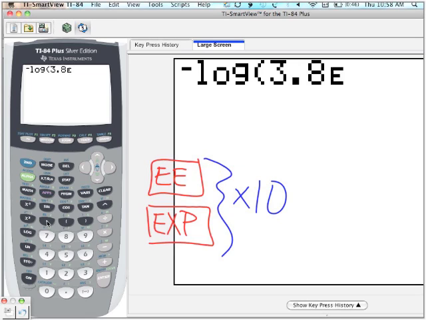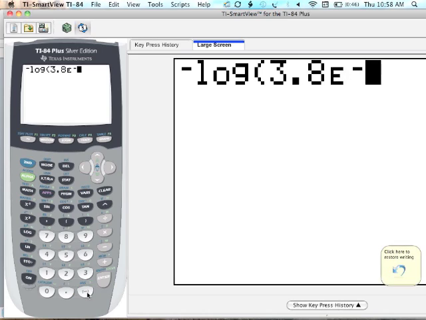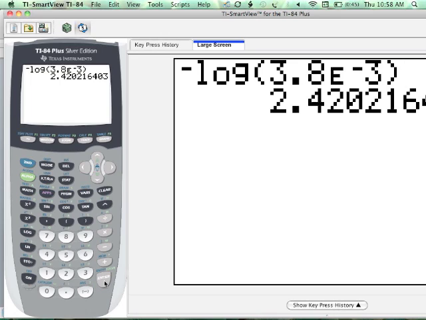And then we're going to put in the remainder, which is negative 3. Because we've opened up the brackets, or it opened up the brackets when we put it in. Maybe your calculator doesn't, but if it did, close the brackets, and then hit equal.